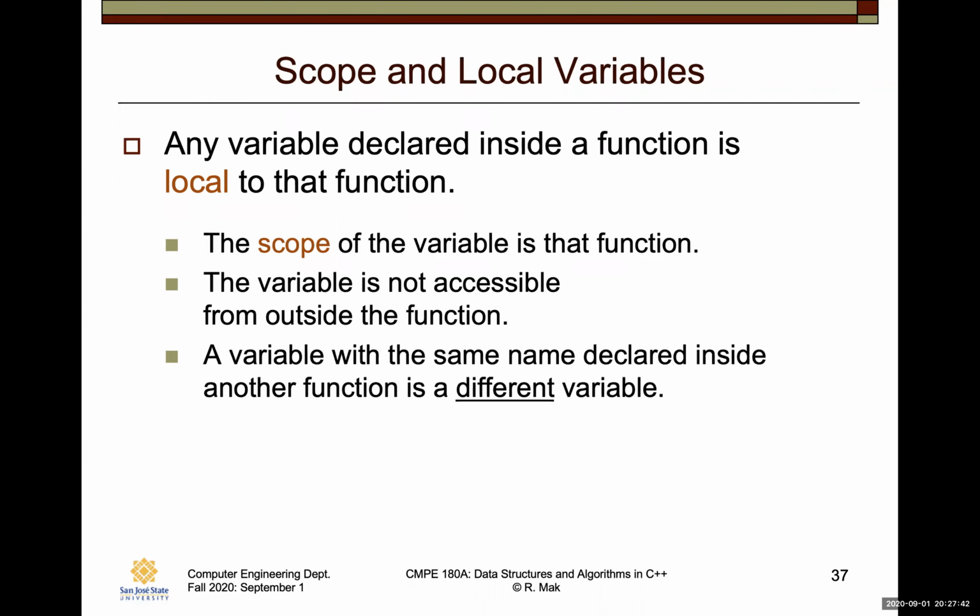Yeah. Now the fact that you're saying that you have a function, let's call it function A, and inside function A, you call function B. Is that the situation you're talking about?